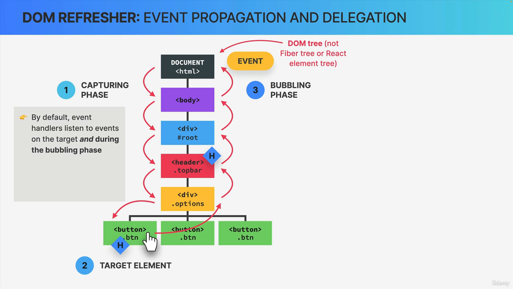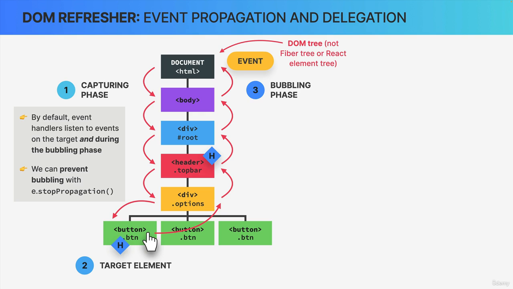Now, sometimes we actually don't want this behavior, and so in that case, we can prevent the event from bubbling up any further simply by calling the stop propagation method on the event object. And this works in vanilla JavaScript and also in React, but it's actually very rarely necessary, so only use this if there really is no other solution. Okay, so this is essentially how events work in the browser.